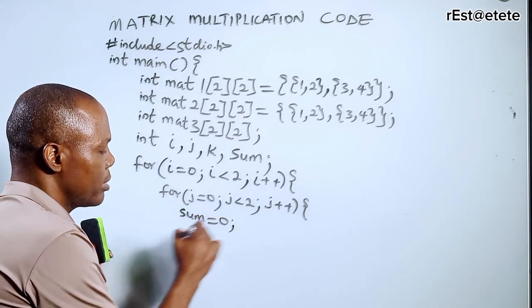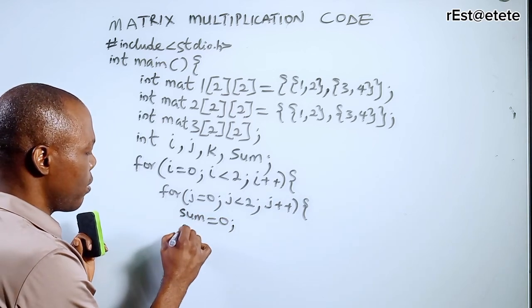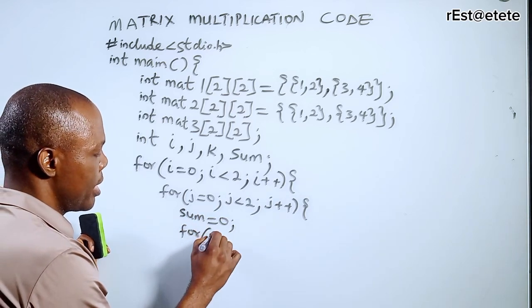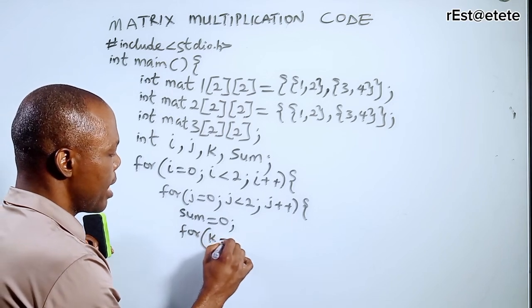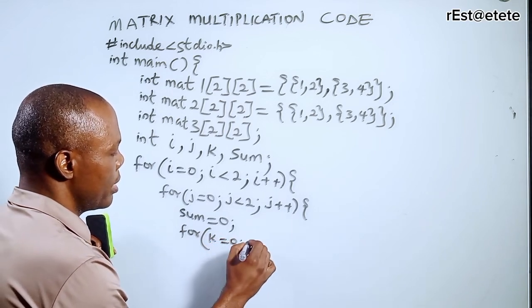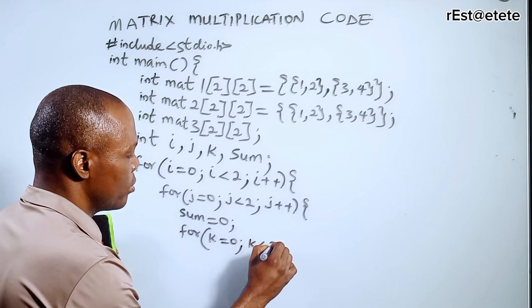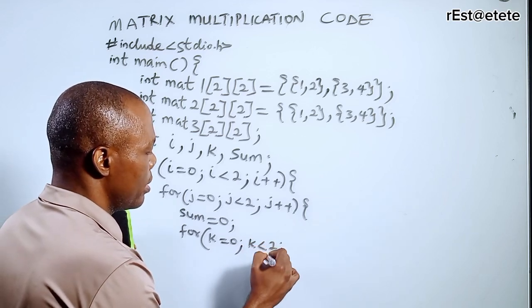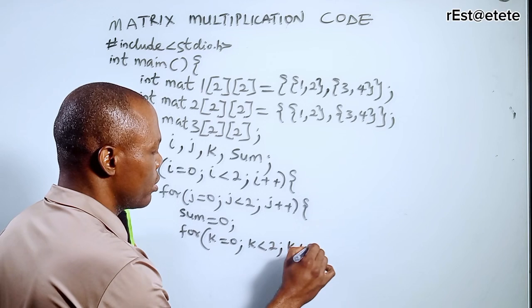assign 0 to it. Then I will now say for k, right? Assign 0. Then k less than 2. Then k plus plus.